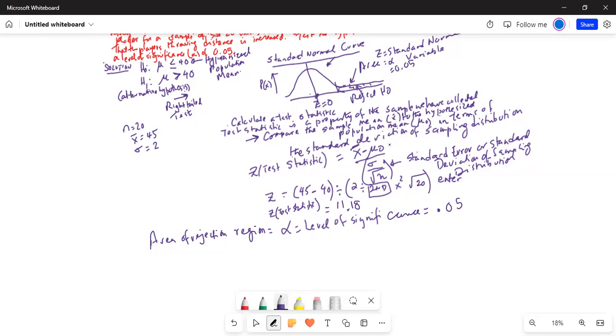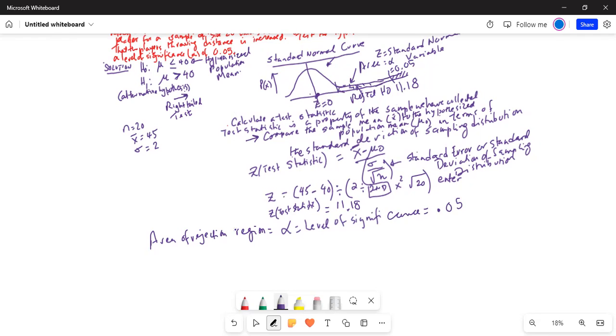Now, our test statistic Z is 11.18. Remember, this is Z equal to 0, and we are moving on the positive side. Somewhere over here is your test statistic of 11.18. So we calculate the probability of getting a test statistic as extreme as 11.18 or more.